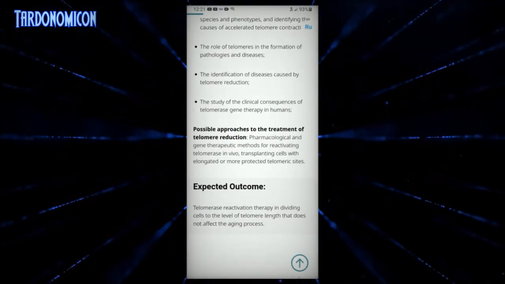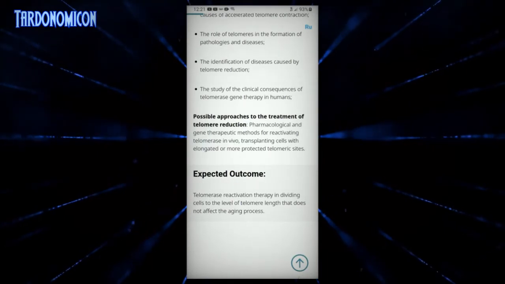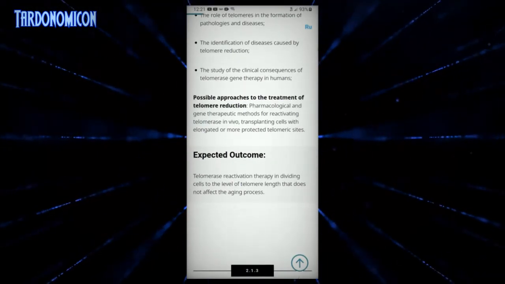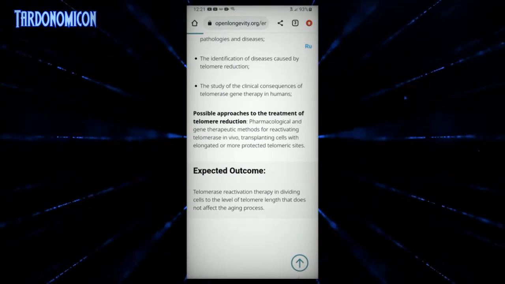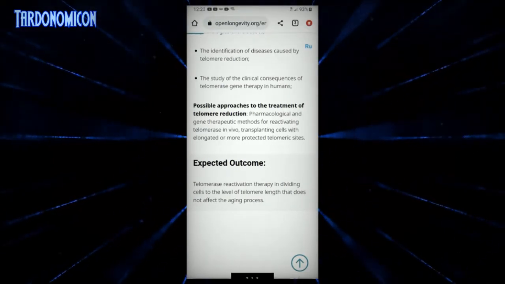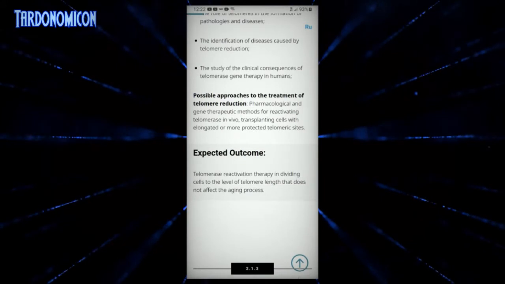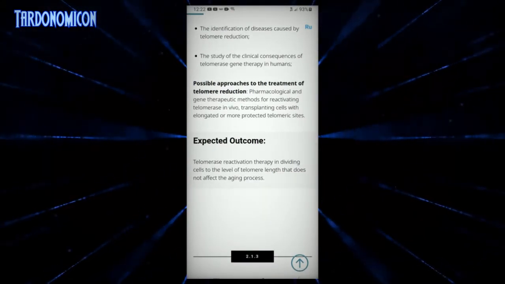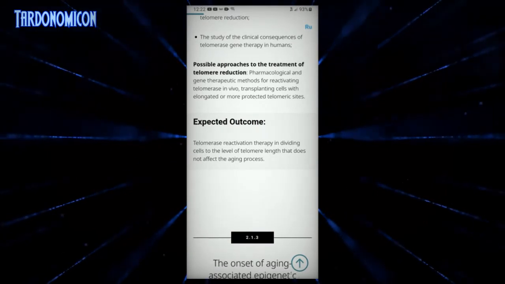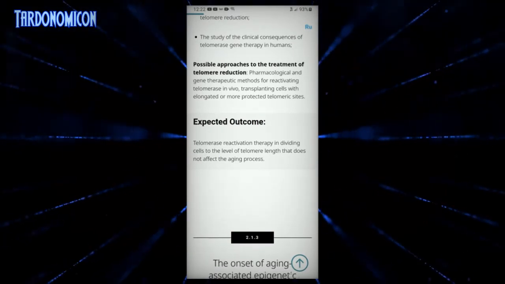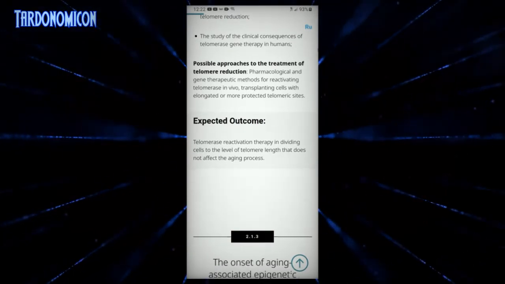The study of clinical consequences of telomerase gene therapy in humans, meaning does it mess things up if you activate this gene? Possible approaches to the treatment of telomere reduction, pharmacological and gene therapeutic methods of reactivating telomerase in vivo, meaning in the body, transplanting cells with elongated or more protected telomeric sites.